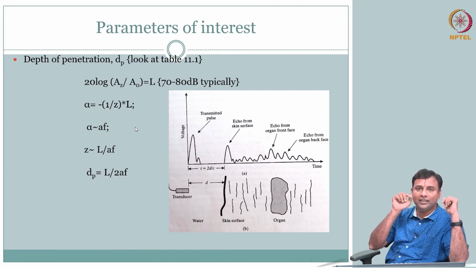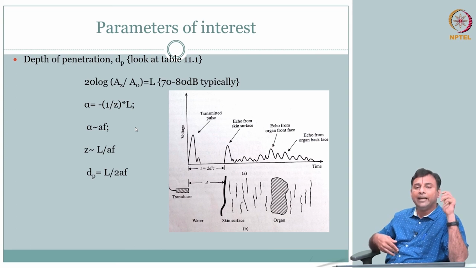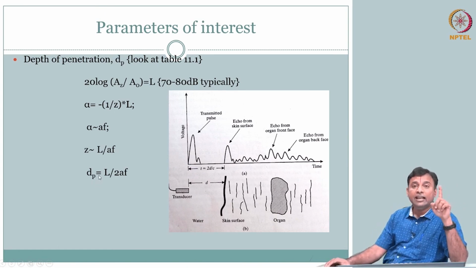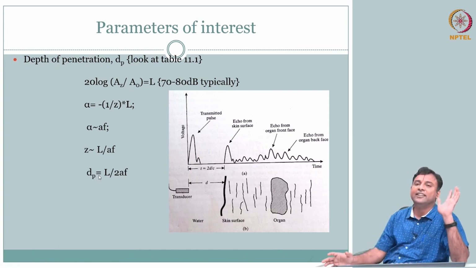Whereas if I use 2 megahertz, pretend the material property is the same, then if I can go 1 centimeter with my 40 megahertz probe, I can perhaps go 8 times more, 8 centimeters for the same loss with a 5 megahertz probe, right. So that is the difference. So depth of penetration, frequency, axial resolution, all of this are trading off.